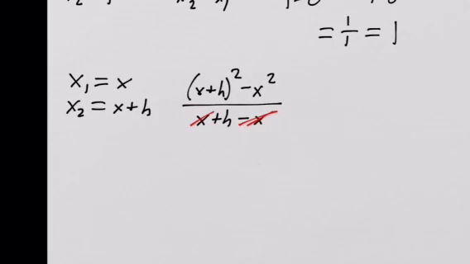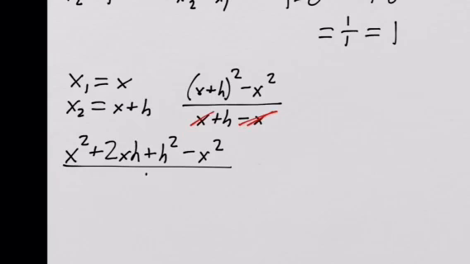I do need to expand that x plus h squared, so we get x squared plus 2xh plus h squared, and then still minus x squared, over h. Well, plus x squared and minus x squared will cancel out.